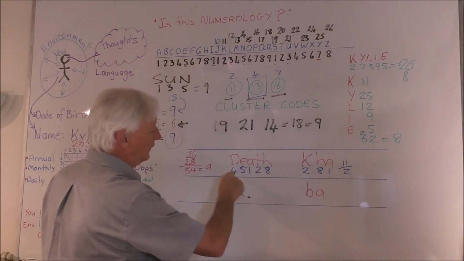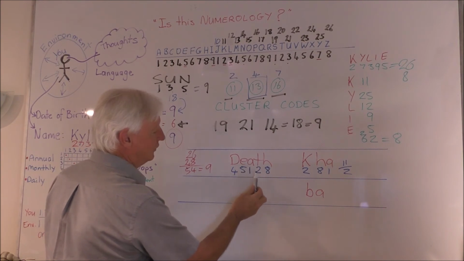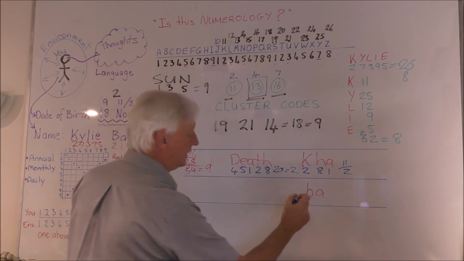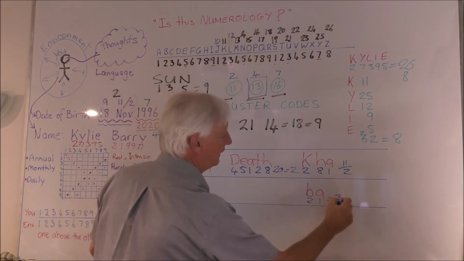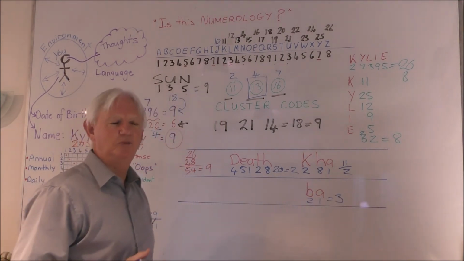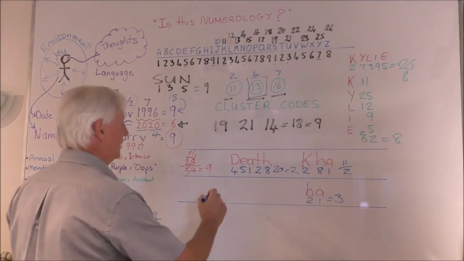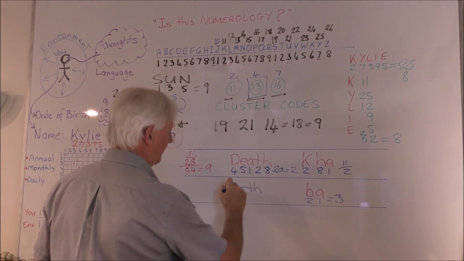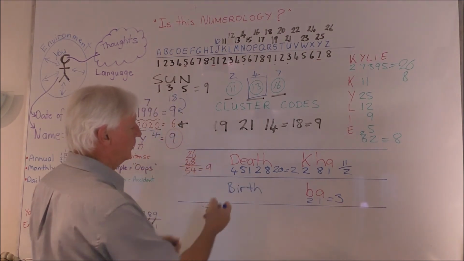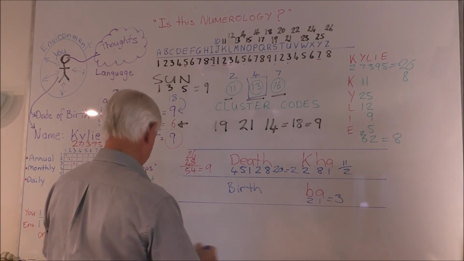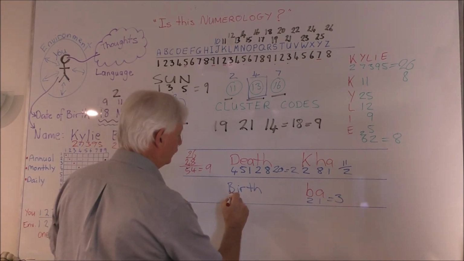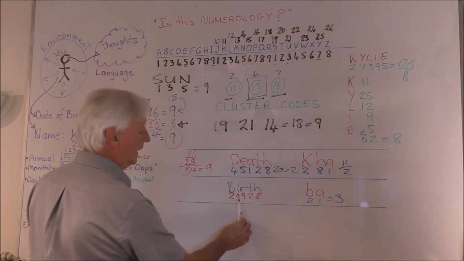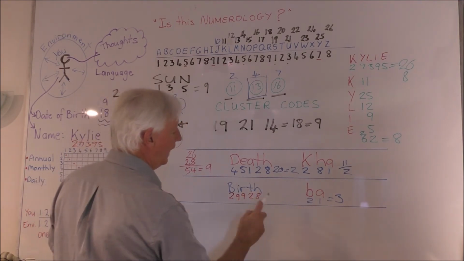Now, if I add this up, 4 and 5 is 9, 10, 12 and 8 is 20, it also equals 2. And BA, 2 and 1 equals 3, and in their Egyptology it meant life and alive. So when a person is opposite to death is born, at birth, being polar opposites of one another, birth, death, underneath that, I could put 2, 9, 9, 2 and 8, 2, 11, 20, 22 and 8 is 30.